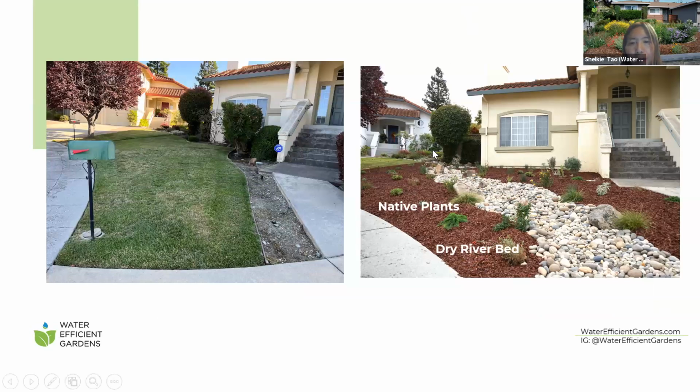Here you can see it's a big dry riverbed, and all the plants are native plants. A dry riverbed is pretty much just like a rain garden, not exactly, but the main functions are very similar in that during the rain time, it can absorb a lot of the rainwater and prevent the runoff. And that rainwater captured can go back into the soil and replenish the groundwater. So it can really help improve the health of our water system.